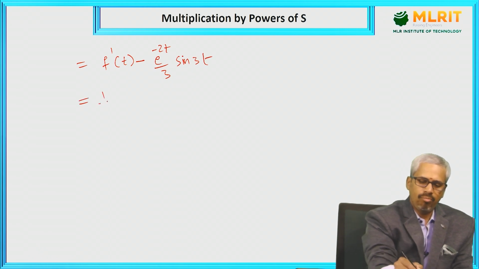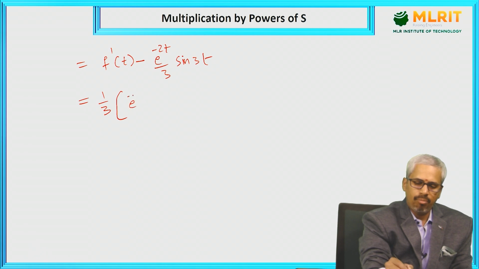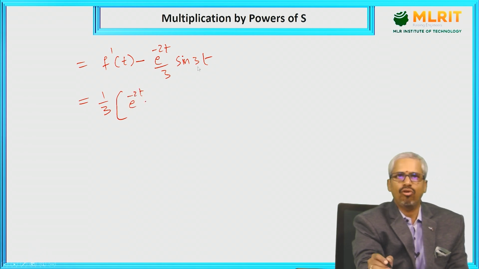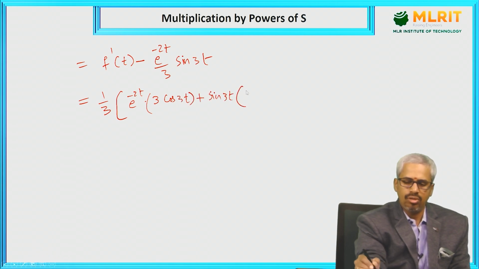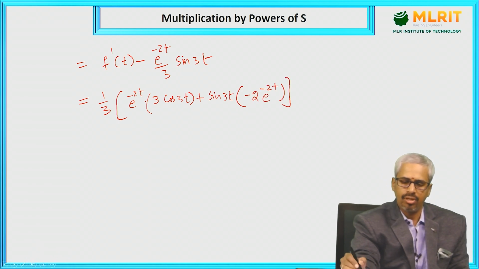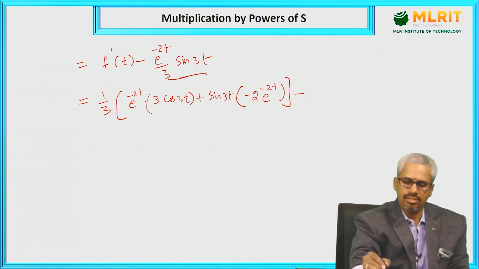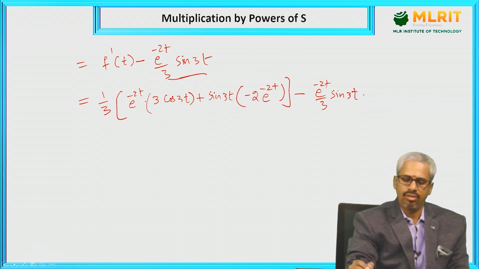So, 1 by 3, how will you write f dash of t? e power minus 2t into, what is the derivative of sin 3t? 3 cos 3t, plus sin 3t into derivative of e power minus 2t, which is minus 2 e power minus 2t, minus this as it is, e power minus 2t by 3 sin 3t.